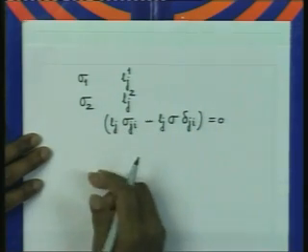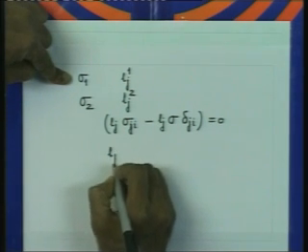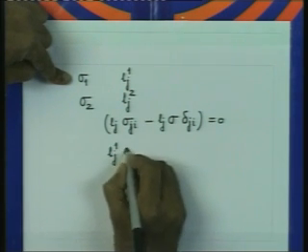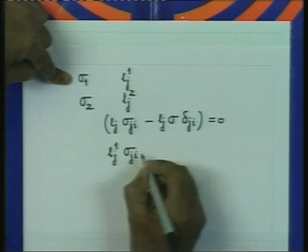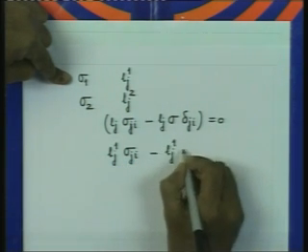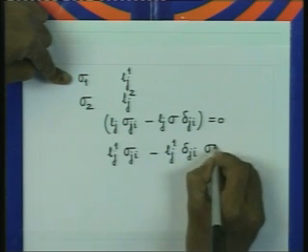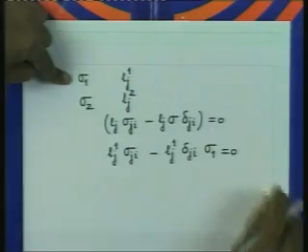So, for the stress sigma 1 we can write Lj1 sigma ji minus Lj1 delta ji sigma 1 equal to 0.